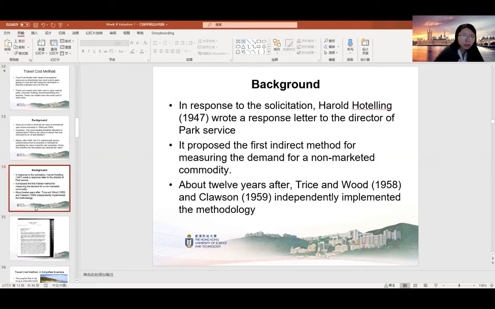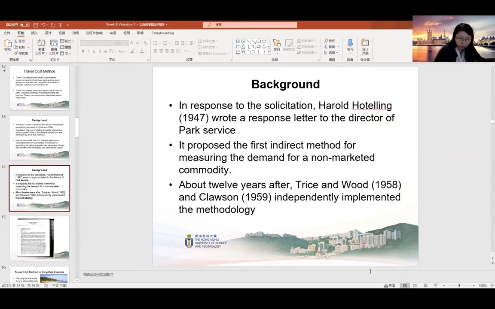So the travel cost method was actually invented by Hotelling. You remember Hotelling? He was the guy who predicted the growth trend of oil prices. The Hotelling rule told you basically how you would use non-renewable resources, what the extraction path of non-renewable resources is.